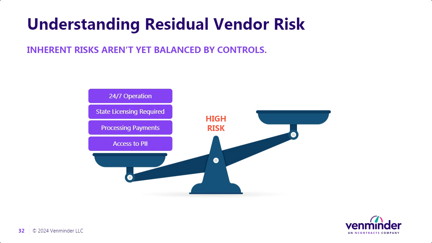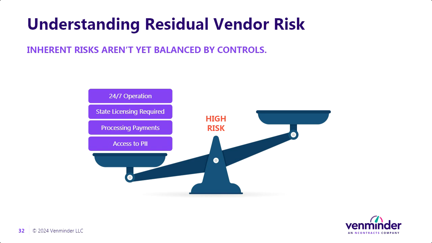So first you identify those risks, then you need to mitigate those risks and find whether there are acceptable controls to treat them, or whether they are unacceptable. And once you treat them, you will know what the remaining or residual risk is that is established for that vendor.